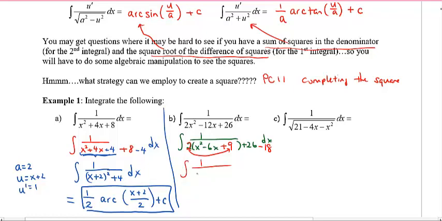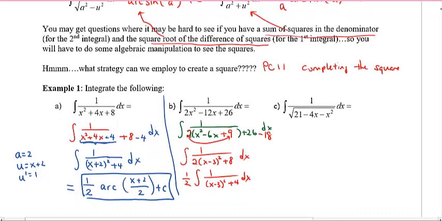So now this becomes 1 over 2, bracket x minus 3 all squared, 26 minus 18 is, of course, plus 8 dx. And you're like, this doesn't look like any of them. Okay, fair enough. But look, in the denominator I can factor out a 2, and that leaves me with x minus 3 squared. 8 divided by 2 is 4, and now we are in business!